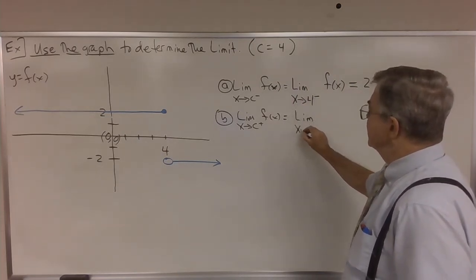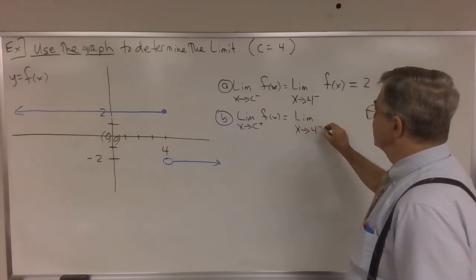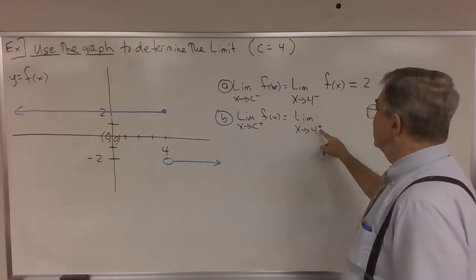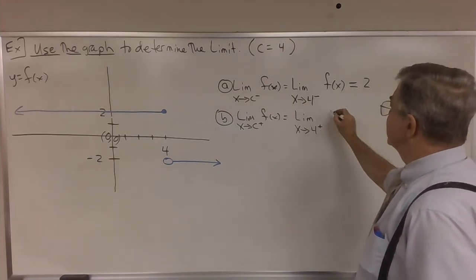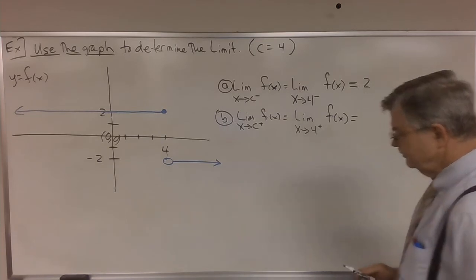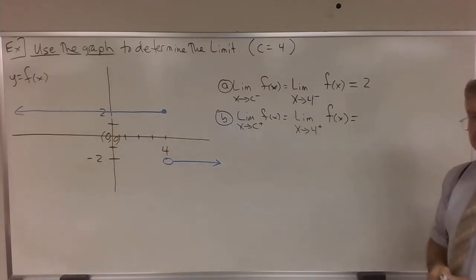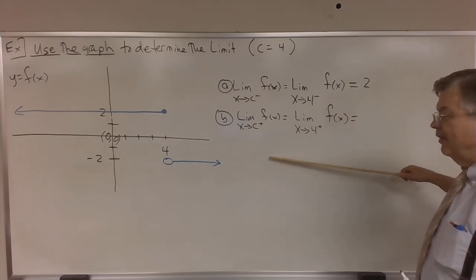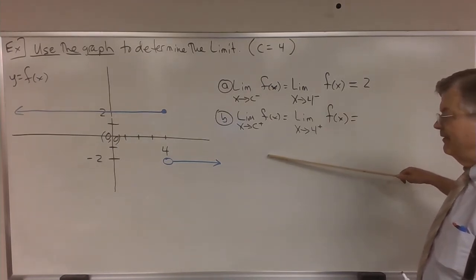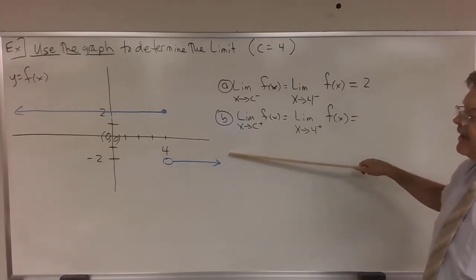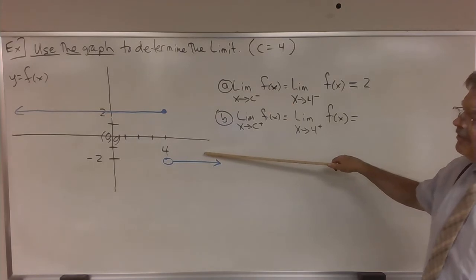So limit as x approaches 4 from the right. Okay. If x is over here, then x is to the right of 4. And if x approaches 4 from this direction, then x is approaching 4 from the right.